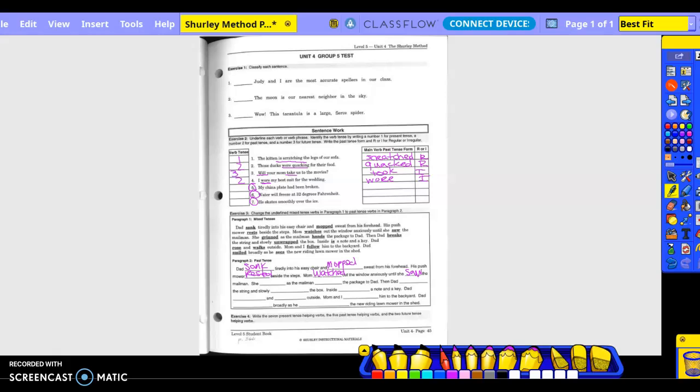She friend as the mailman handed the package to Dad. Then Dad broke the string and slowly unwrapped the box. Inside was a note and a key.